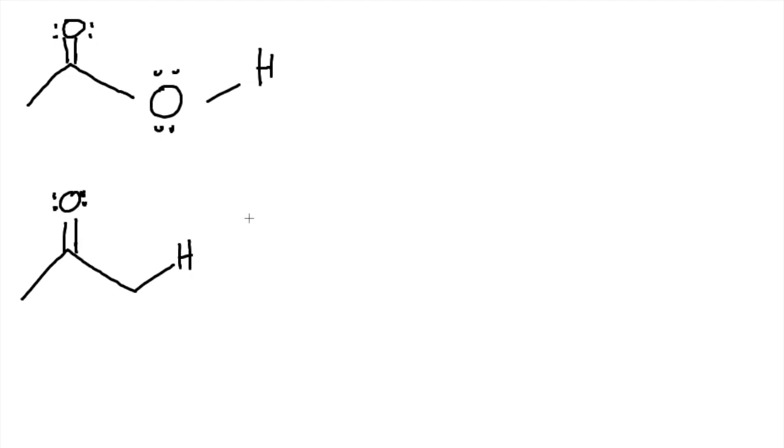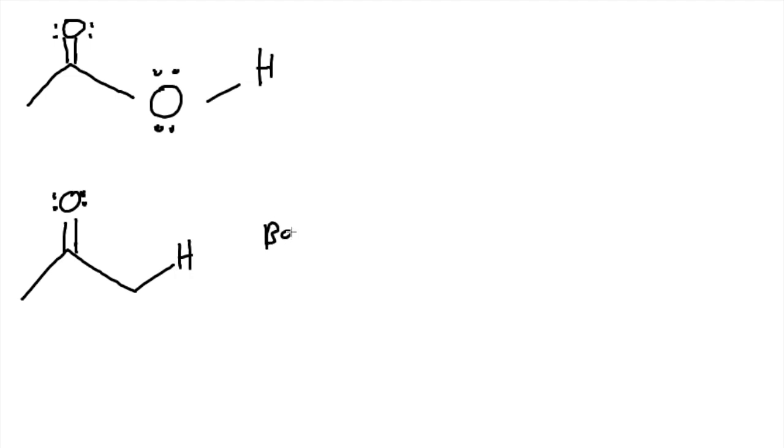The first thing we want to do is draw a general base for it, to see the conjugate base and which is more stable, because strong acids form stable conjugate bases.